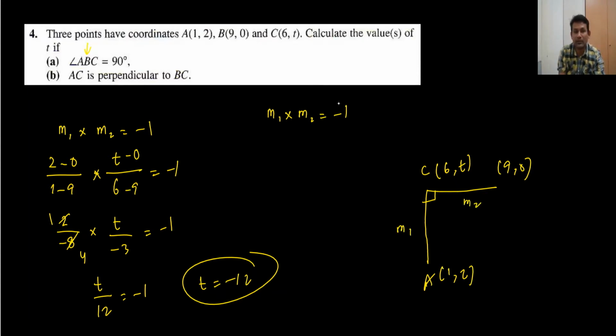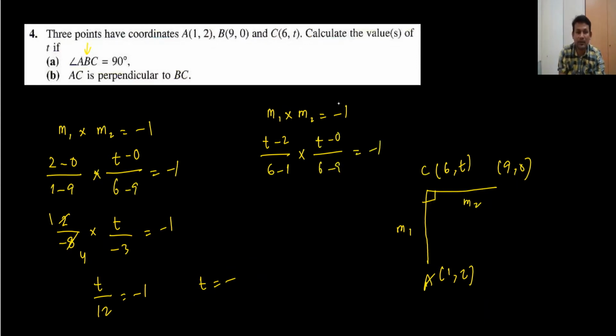So t minus 2 divided by 6 minus 1, then multiply by this one, t minus 0 you can write, and then 6 minus 9, equals minus 1. Let me simplify it fast. t minus 2 divided by 5 multiplied by t upon minus 3 is equal to minus 1. 5 times 3 is 15, minus minus is plus.